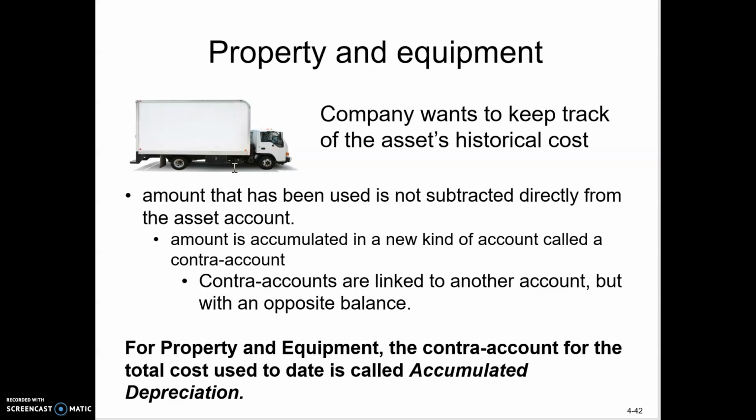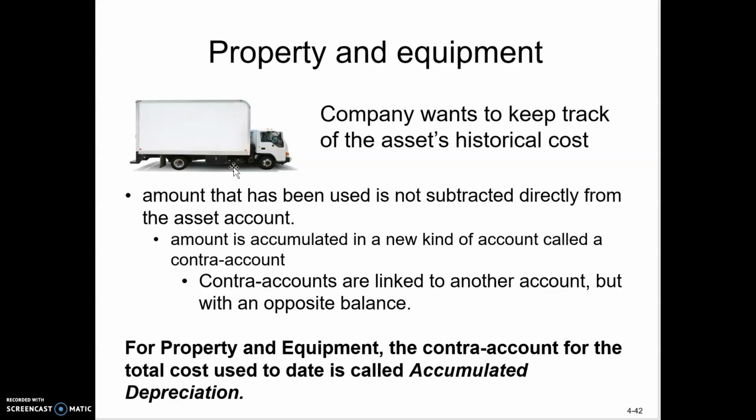We're going to use what we call a contra asset account. So we've got a special account that goes along with the truck account, one that goes along with the equipment, the building, the furniture. And this is where we're going to show the cost that we've allocated by taking depreciation. So we're going to talk about a few different contra accounts.